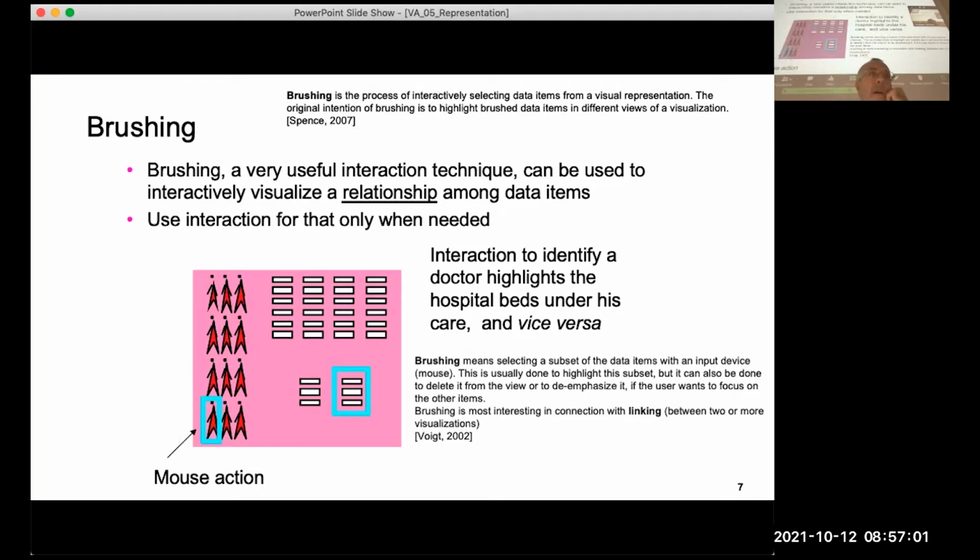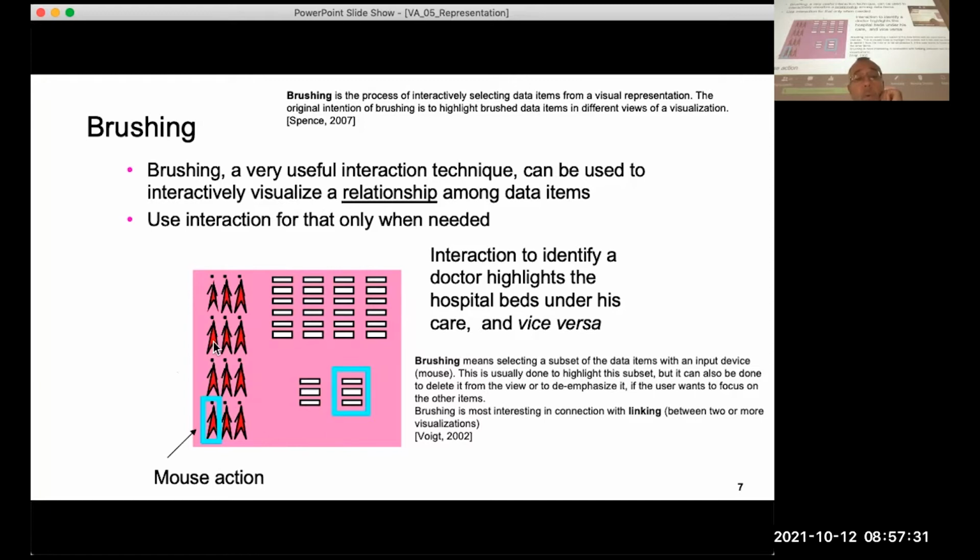You can use any interaction means to select one or more data items from a subset. And initially, the original intention of brushing was to highlight a connection between different visualizations. Here, even if it is very simple, we have a visualization about the doctors, and we have a visualization about the beds.